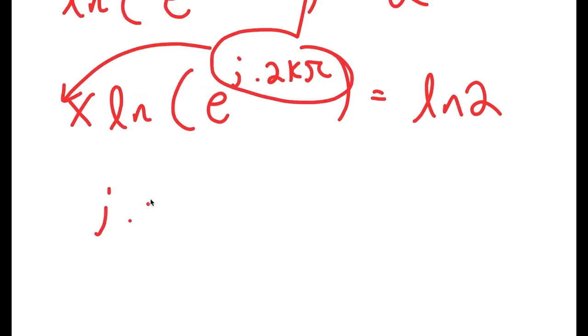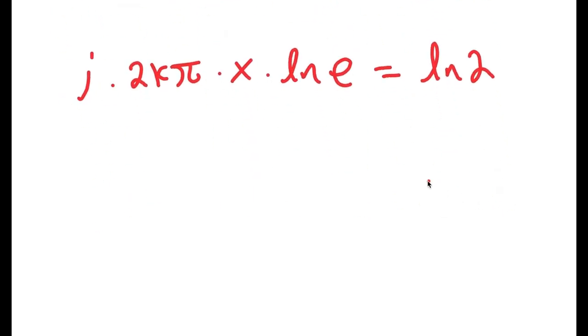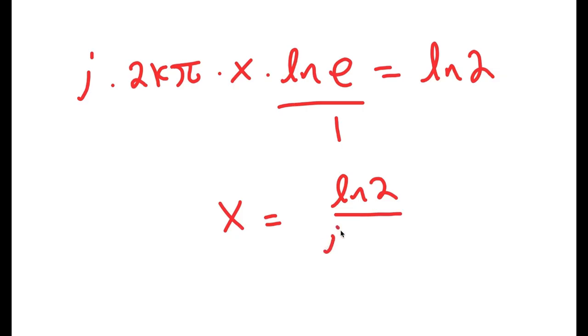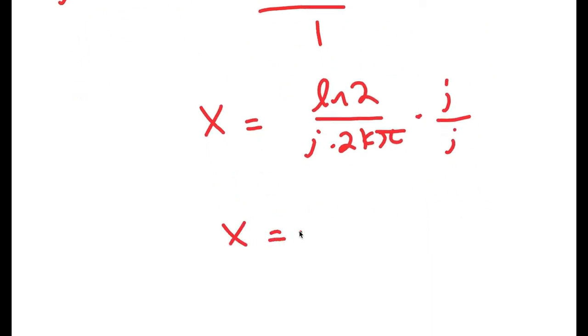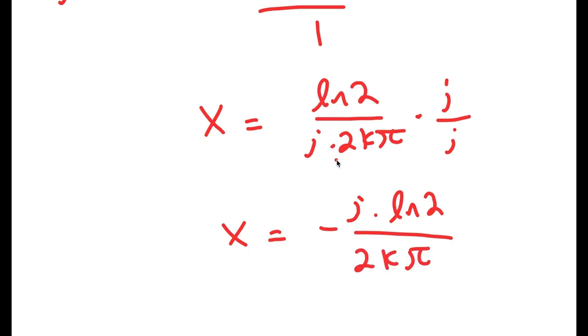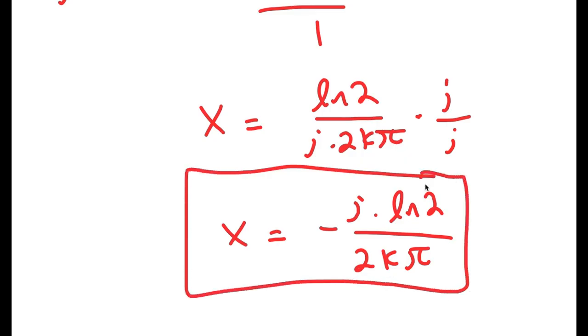So I have i times 2k pi times x times ln e is equal to ln 2. ln e is simply equal to 1. So I get x is equal to ln 2 over i times 2k pi. And now I'm going to multiply this by i over i. So I get x is equal to negative i times ln 2 over 2k pi, because i squared is negative 1.